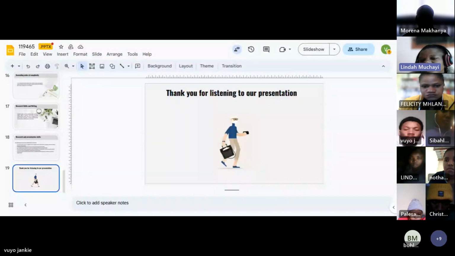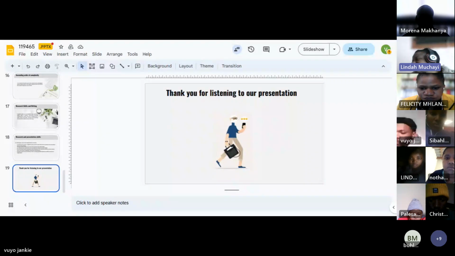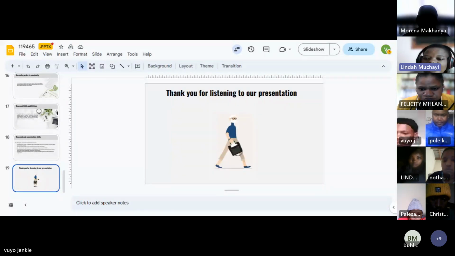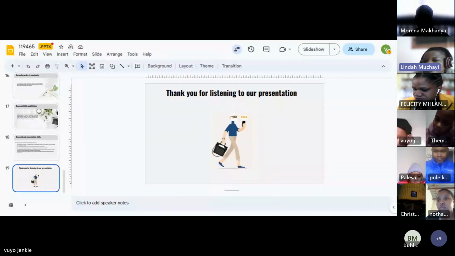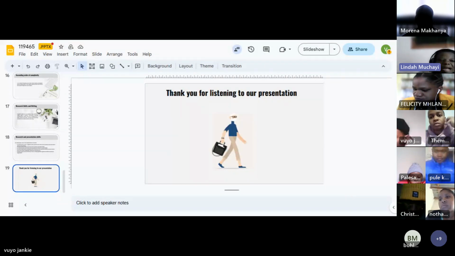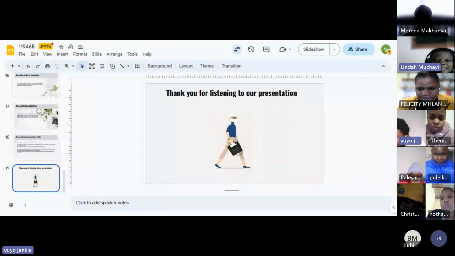Then when you look at quantitative research, you are making use of figures. Maybe data collection can be done using surveys, questionnaires, and so on. So that's the difference. Thank you so much, Group 1, for the presentation and for summarizing it.